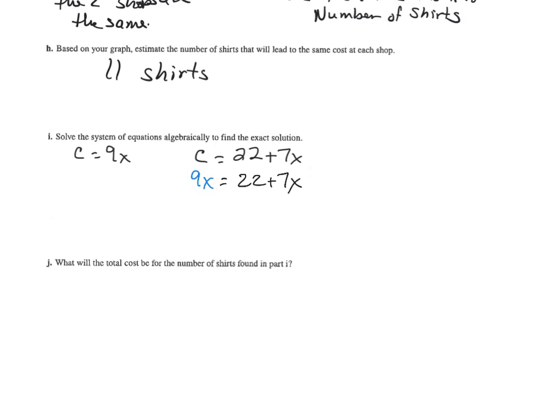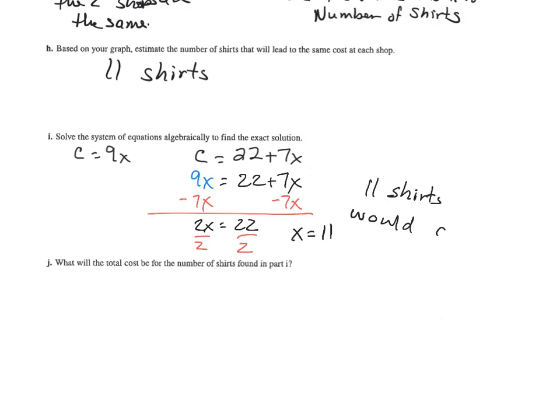Now let's subtract this 7x from both sides. And you have 2x equals 22. Divide both sides by 2. X is 11. All right, very nice. So the two shops will charge the same amount for 11 shirts. 11 shirts would cost the same.